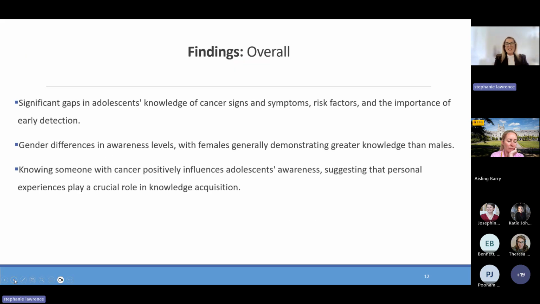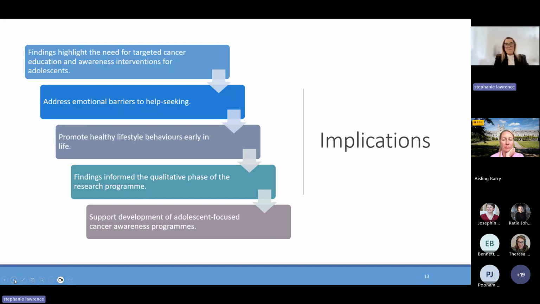Looking at the findings overall, we identified significant gaps in adolescents' knowledge of cancer signs and symptoms, risk factors, and in particular, the importance of early detection. We also identified again that there are gender differences, where females generally demonstrate greater knowledge. And again, knowing someone with cancer positively influences adolescents' awareness.